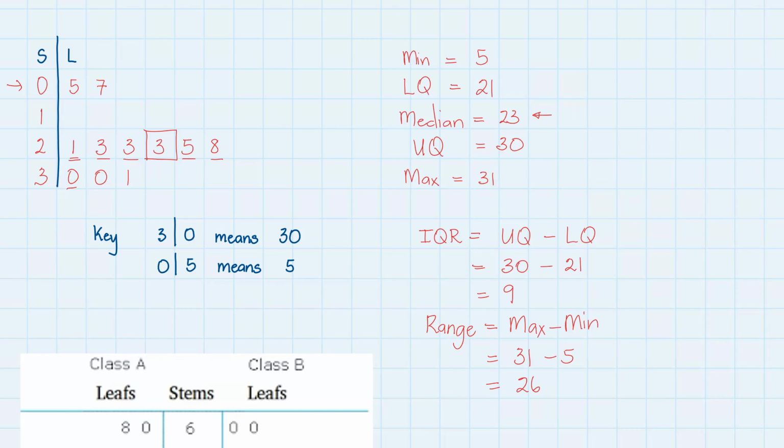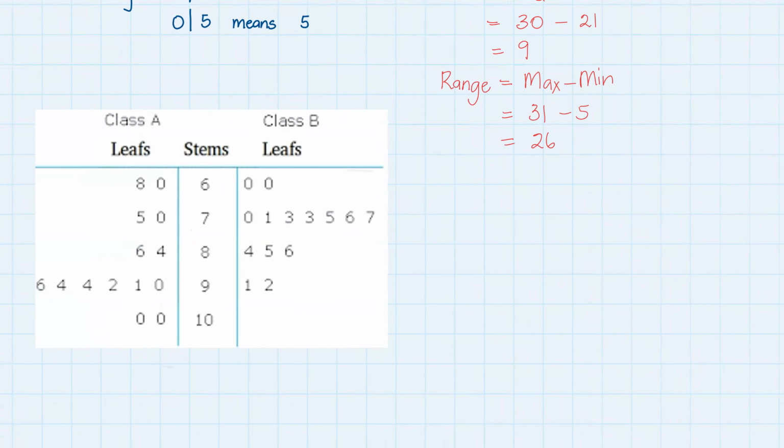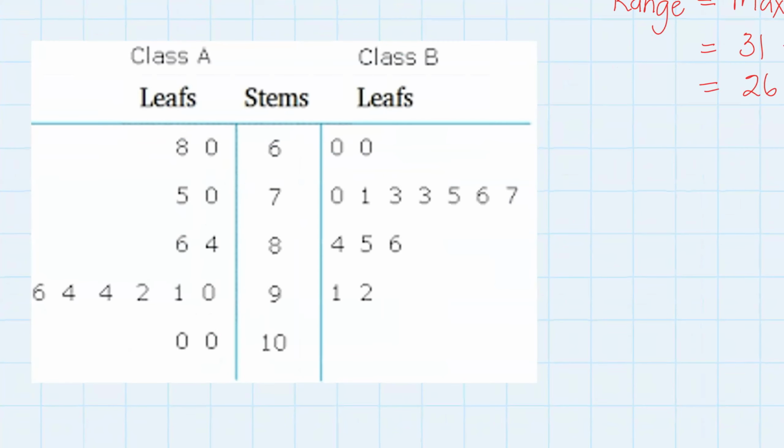Down the bottom here you've got an example of a more interesting stem and leaf. This is a back-to-back stem and leaf, and they're used to compare two groups. Same sort of thing. You've got your stem down the middle here. You'll notice that there are 2 digits in one of those rows, and then you've got leaves on either side. And you're always in ascending order from smallest to biggest, inside out.